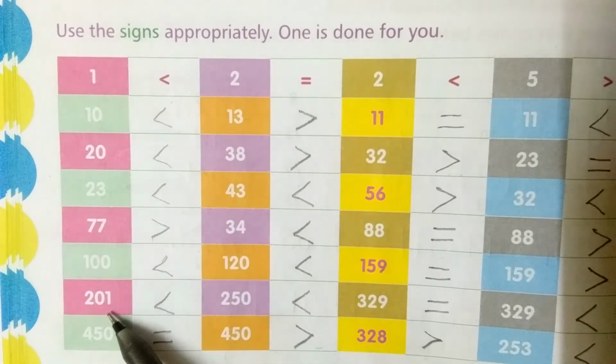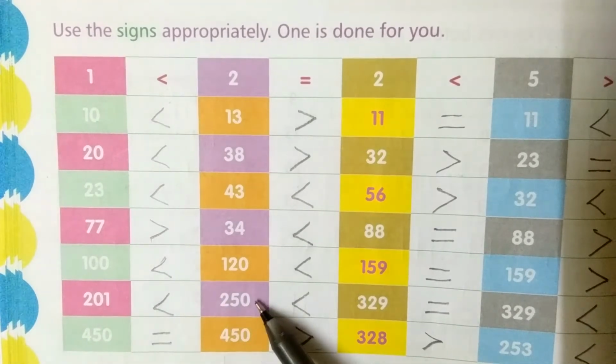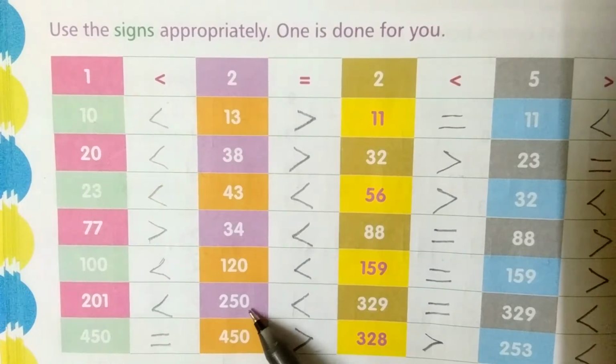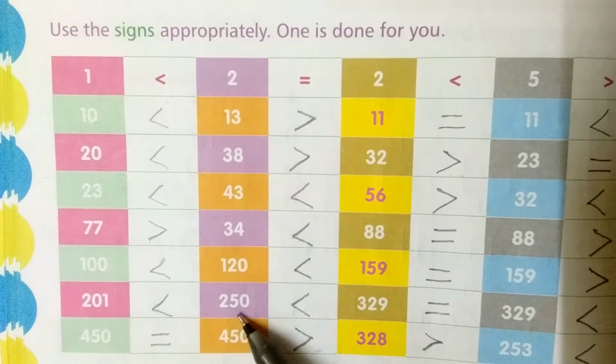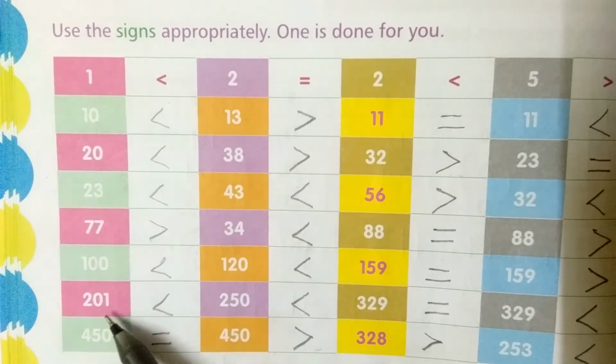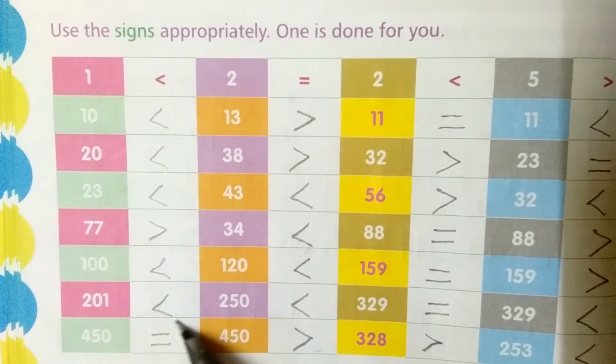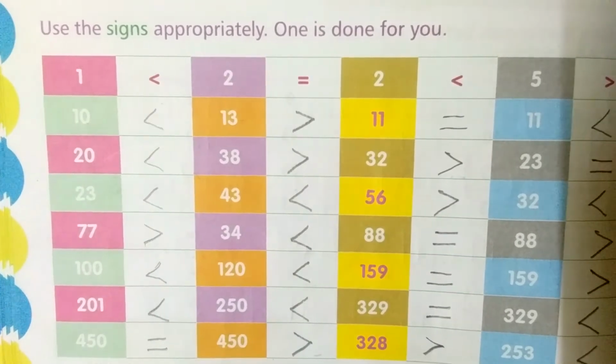Next, 201 and 250. Which number is the biggest number, children? Yes, 201 is less than 250. See here, children, keep the less than symbol.